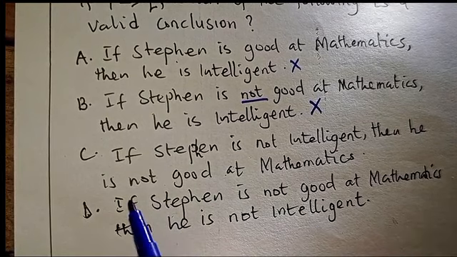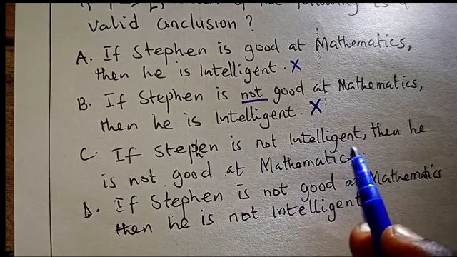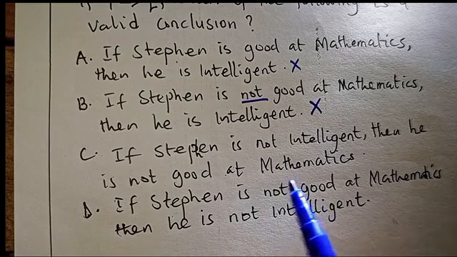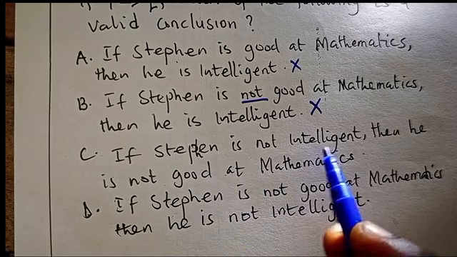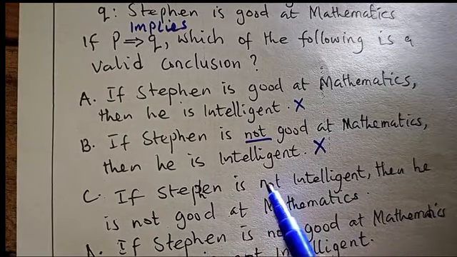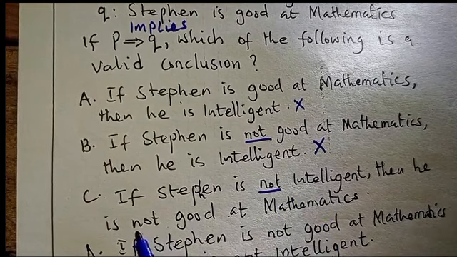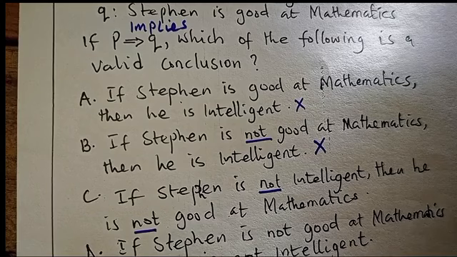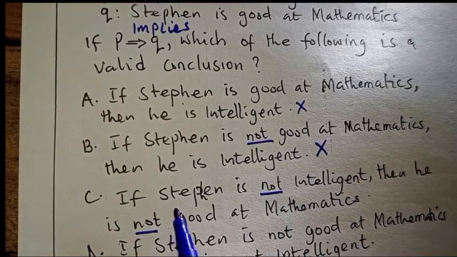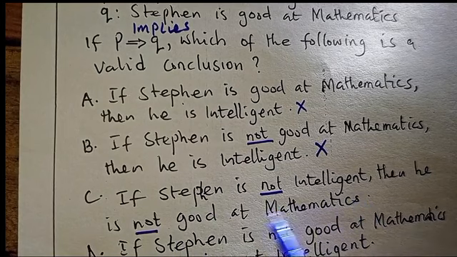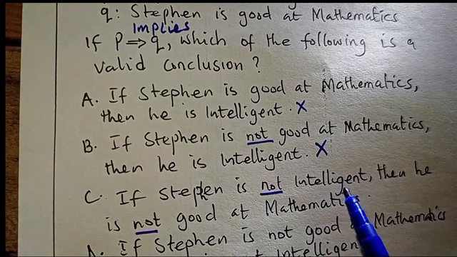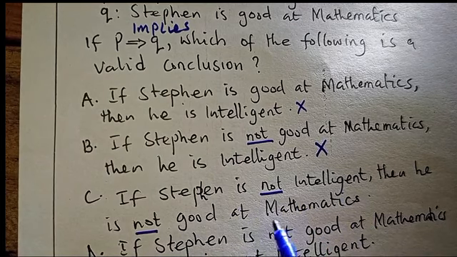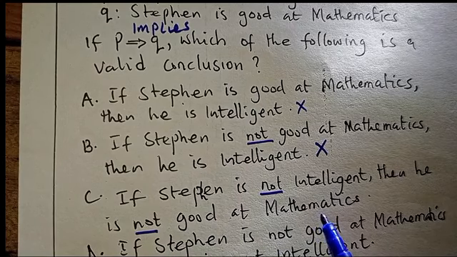Now let's look at option C. If Stephen is not intelligent, then he is not good at mathematics. Okay, now let's look at this one. If Stephen is not intelligent, they use not here and they also use not in the second statement. But what I want us to know is that if Stephen is not intelligent, it is sure that he is definitely not going to be good at mathematics. Right?